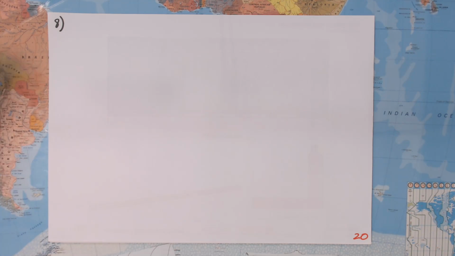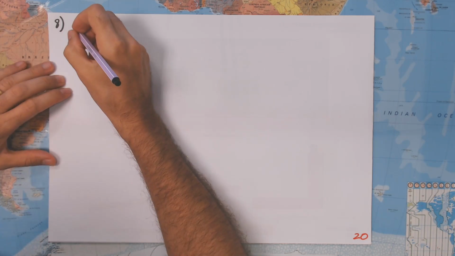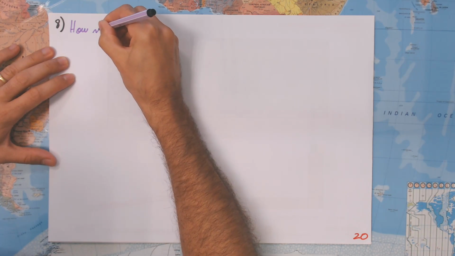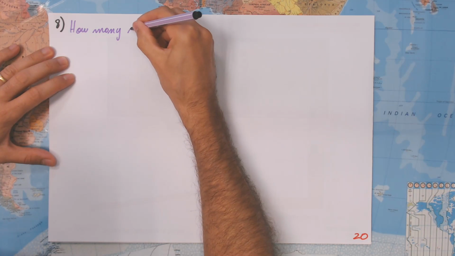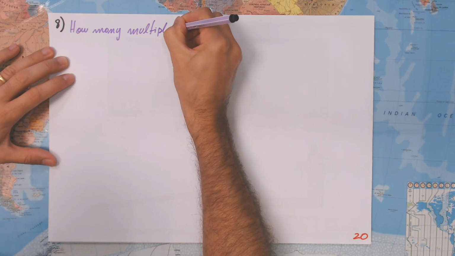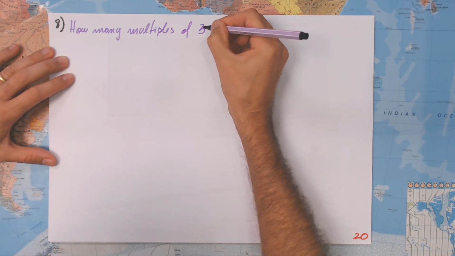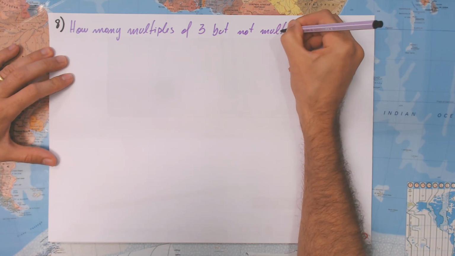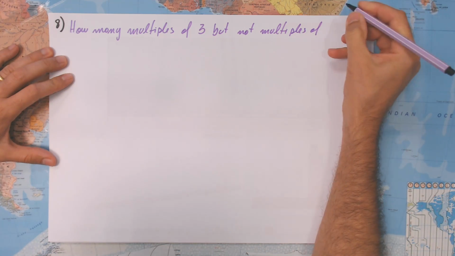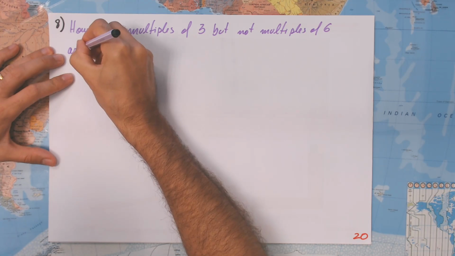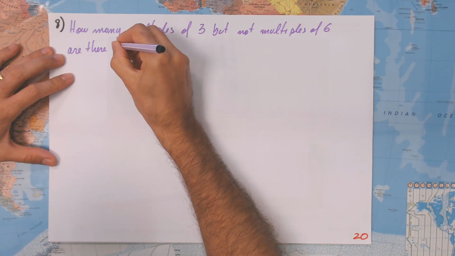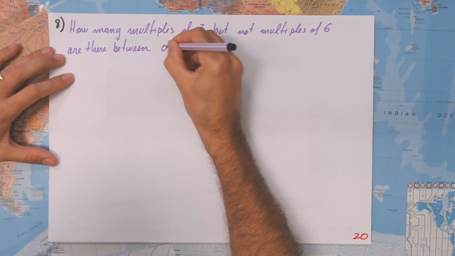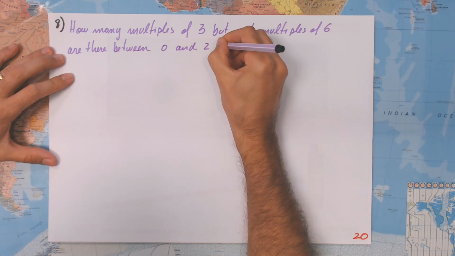Okay, now let's do a set of exercises. The first one is going to be: how many multiples of 3 but not multiples of 6 are there between 0 and 200?